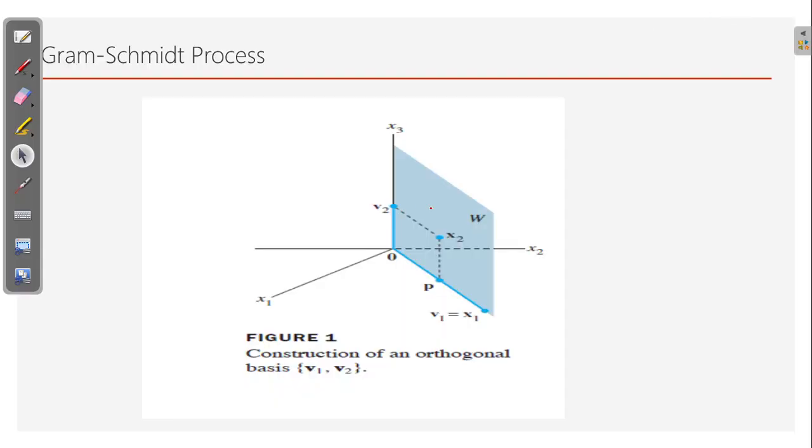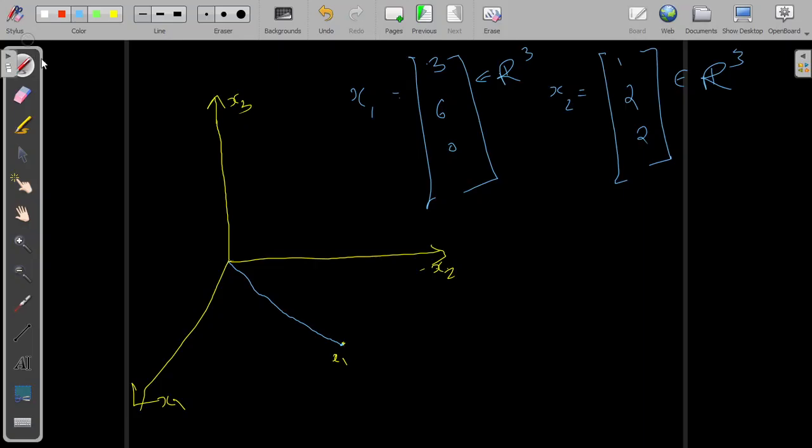Now, if you extend this x1 vector to this line, we extend like this, then this will be the span of x1, right? So this straight line passing through the origin will be the span of x1.